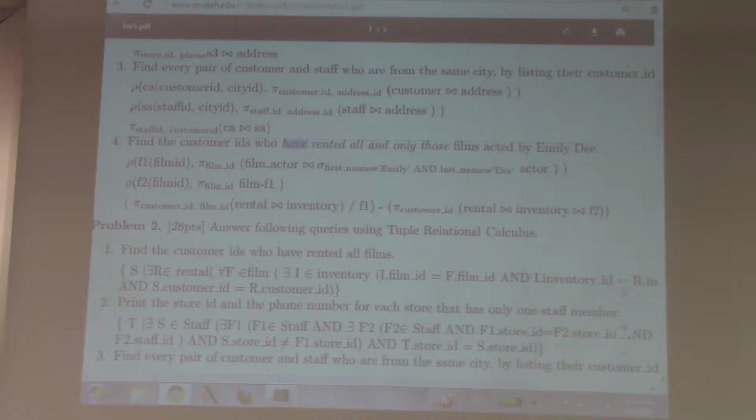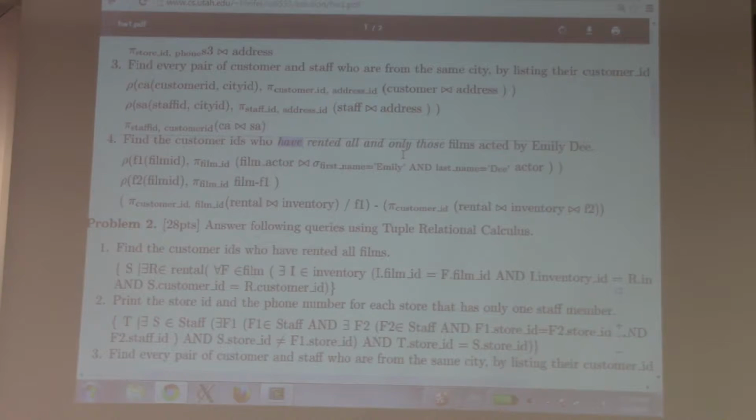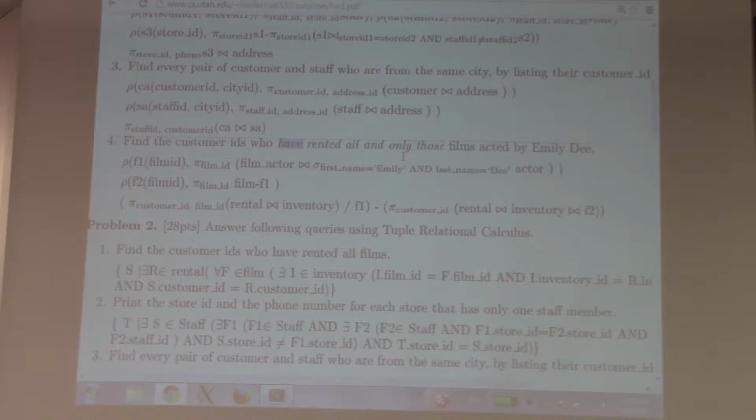Now, problem 3D, they escape problem 4. But when the all and only those films acted by Emily D. This has two parts, right? First of all, you have to print all films acted by this actor. That's just a division. That's simple, right? This is the first part. That should be fairly straightforward.